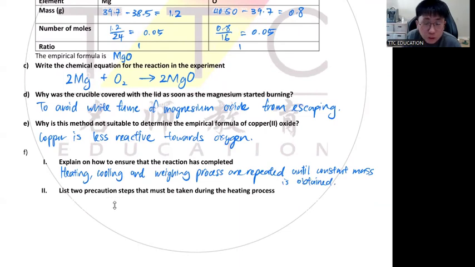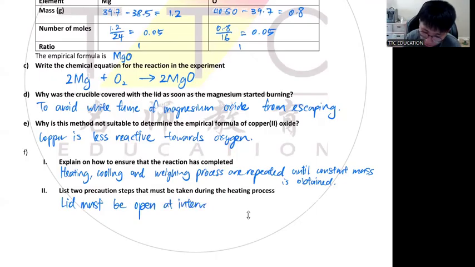Okay, and what are the 2 precaution steps that must be taken during the heating process? So guys, when you're heating, what do you do? Open and close. So we can say the lid must be opened at intervals, once in a while, to allow oxygen gas to enter and react with magnesium.